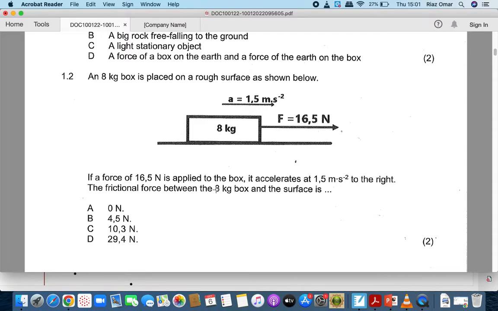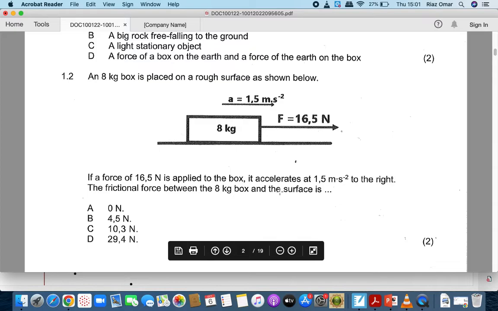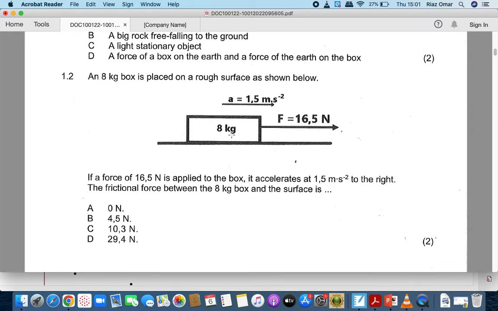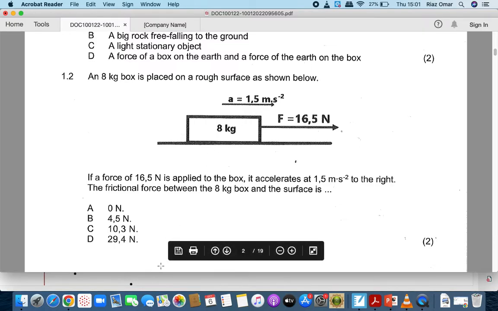The frictional force between the 8 kilogram box and the surface is? So now here we'll have to figure it out, and we'll have to do a calculation. So we got an 8 kilogram box, 16.5 newtons to the right, acceleration 1.5 to the right. So let's see how we will do it.